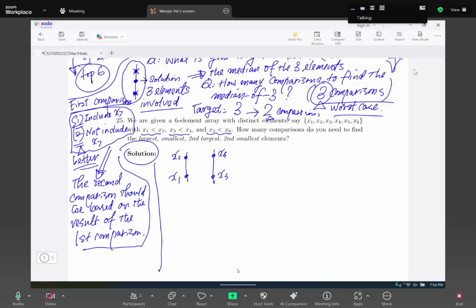The first thing you need to do, you merge these. We can treat them as two ordered subarrays, because they are ordered, right? Two ordered subarrays.